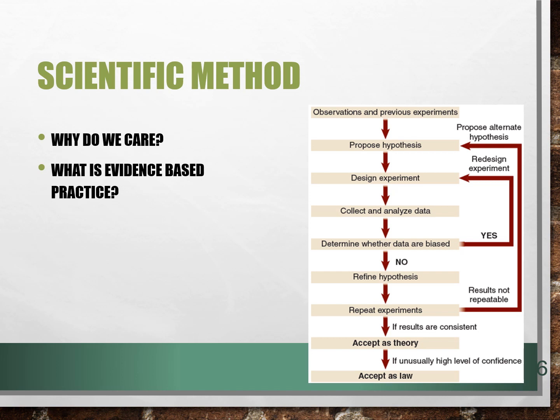Now, how does this relate to us as surg techs? One of the biggest ways it relates to us is because of something called evidence-based practice. Now, evidence-based practice is using the scientific method to determine which practices yield the best results. A good example of this is sterile technique.